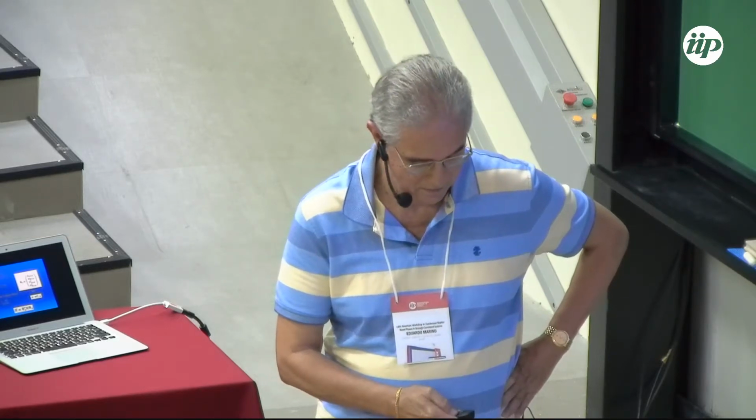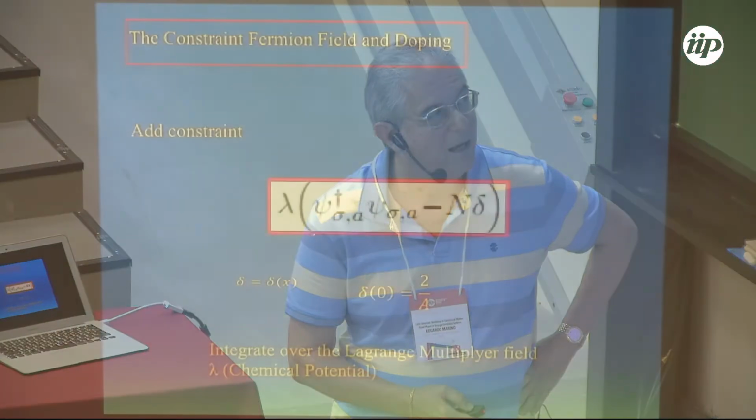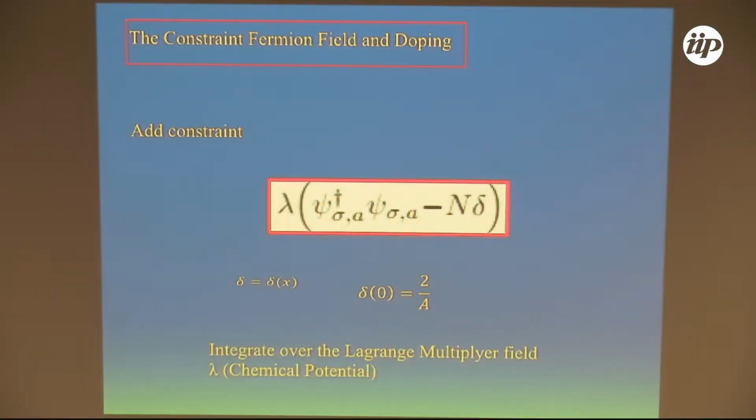And then we are going to introduce doping by a constraint on the fermion field through a Lagrange multiplier, which in a functional integral representation, we are going to integrate over lambda. So we introduce, and delta, we're going to see, is some function of the stoichiometric doping parameter, which we are going to specify.